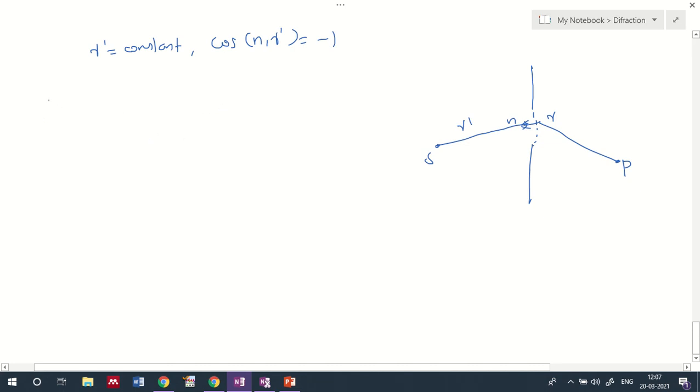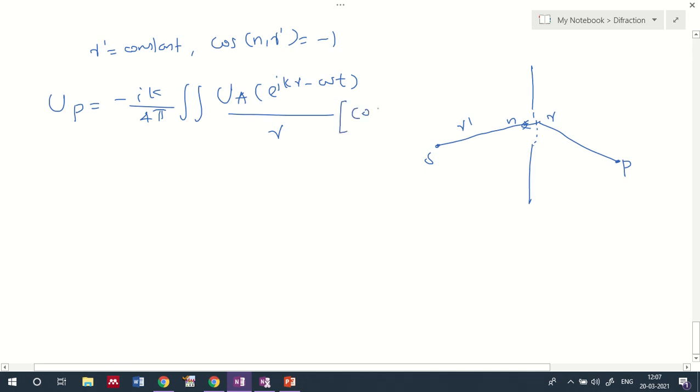If that is so, the Fresnel-Kirchhoff formula reduces to the form Up equal to minus ik by 4 pi, double integral of UA e raised to i(kr minus omega t) divided by r, with the factor cos nr plus 1, dA.